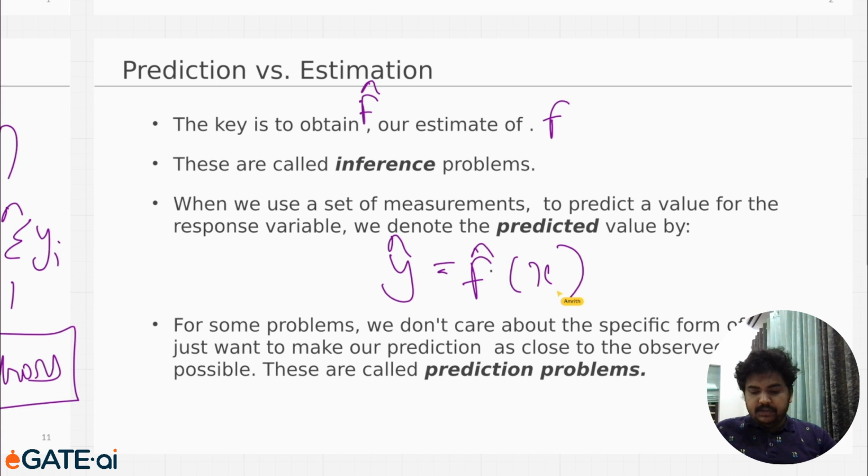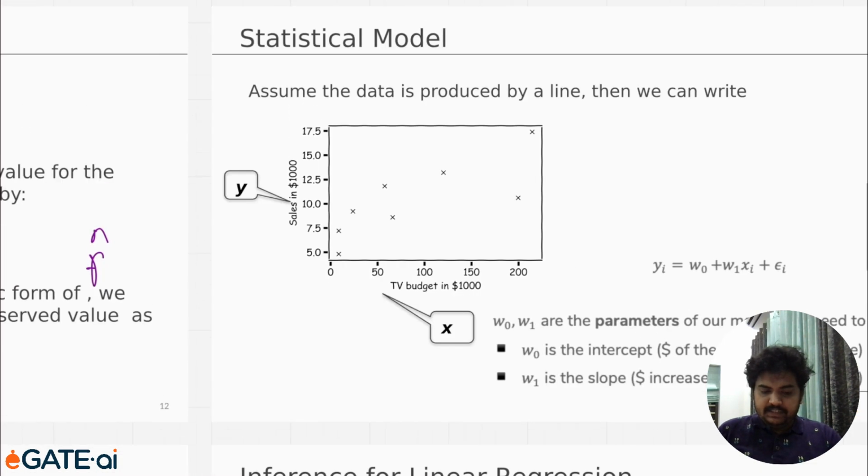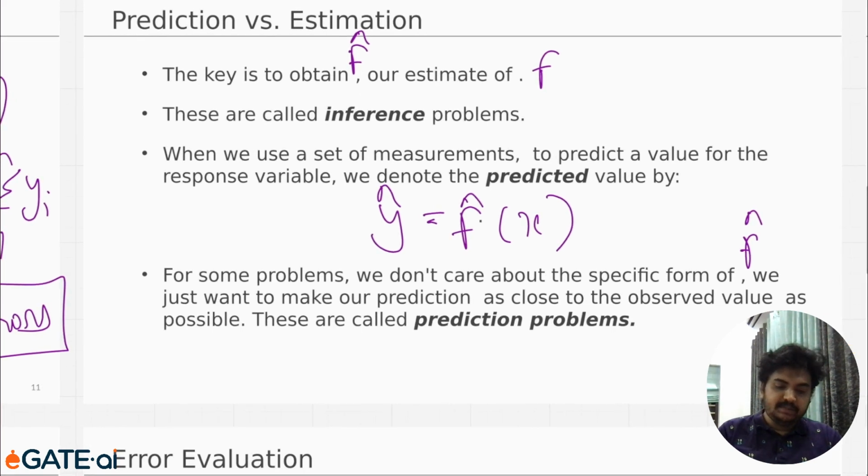For some problems, we don't care about the specific form of f hat. We just want to make our prediction as close to the observed values as possible, and these are called the prediction problems. So we have established that what we are doing is an estimation using regression.